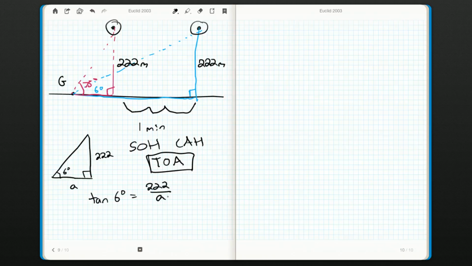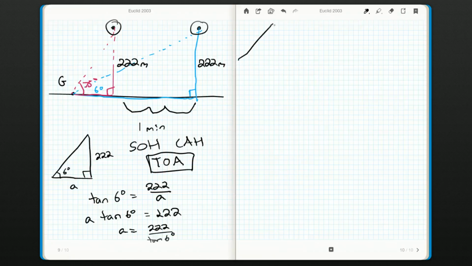Okay. So how do I just get A out of here? Well, if I multiply on both sides by A, I'll get A times tan of 6 degrees is 222 meters. So A by itself will be 222 meters over tan 6 degrees. And now I've got the large blue length on the ground.